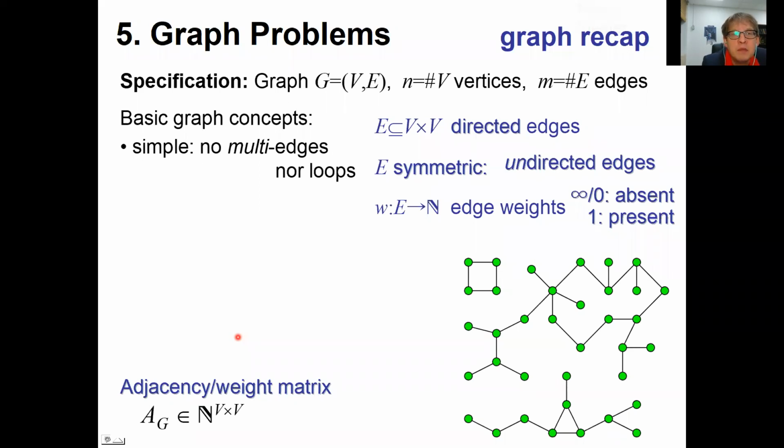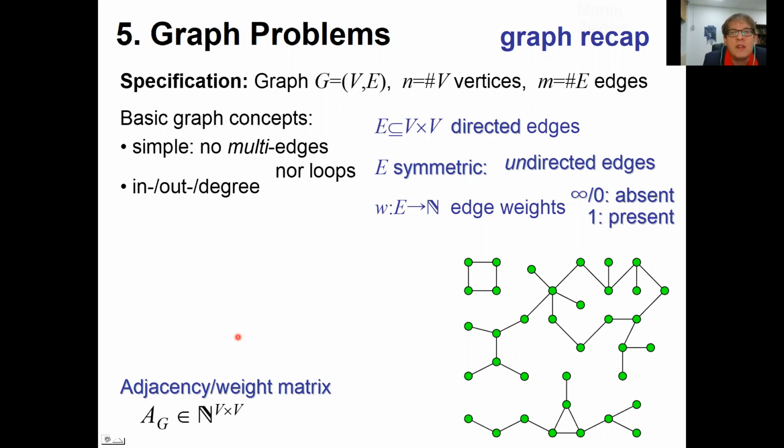Also, simple graphs don't have loops. So usually we don't include an edge from a vertex back to itself. There's no need to do so, but sometimes we will consider such graphs with loops. And so a simple graph is a graph without loops and without multi-edges.